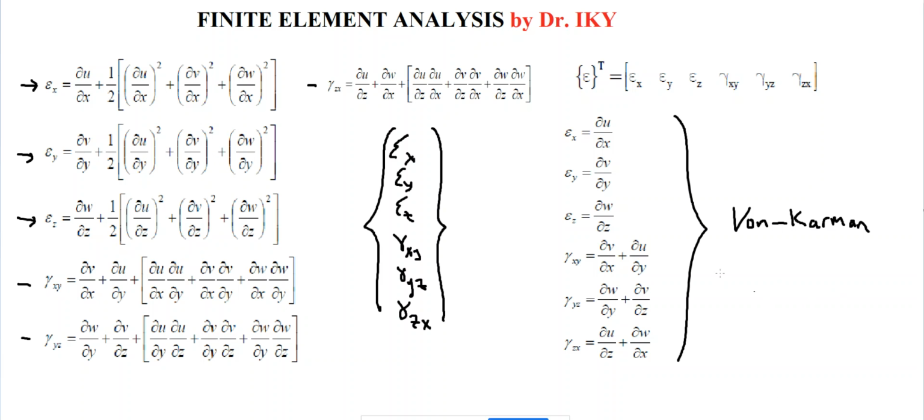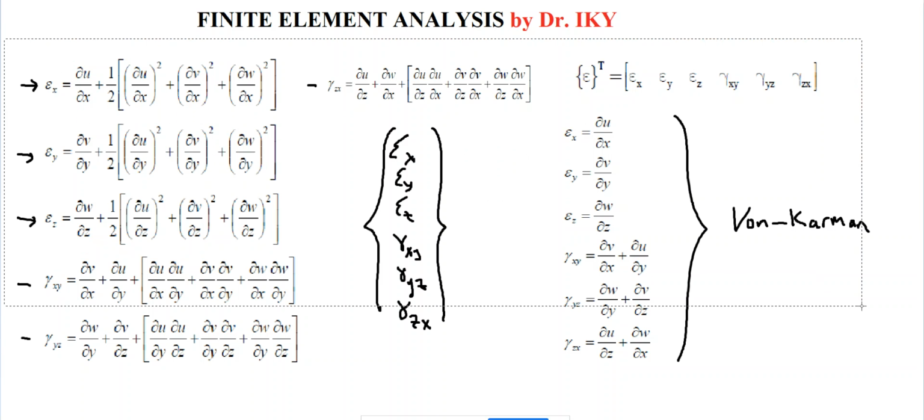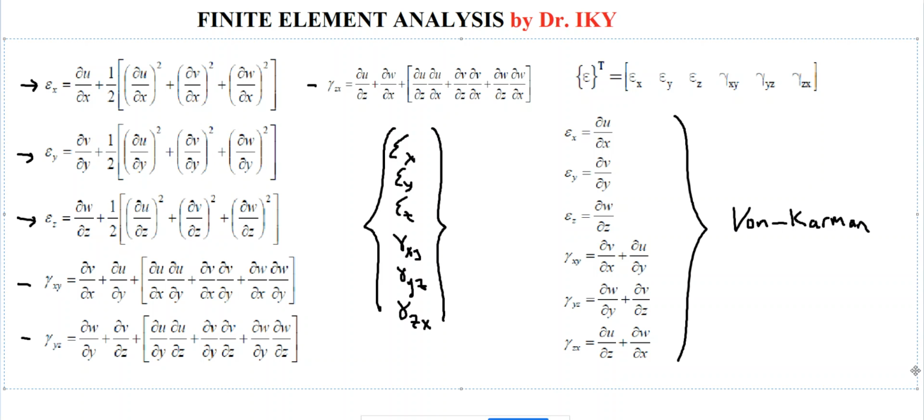After writing this, I'm going to try to create the tensorial system of the strain vectors. It means I'm going to write it in matrix form. So the matrix form can be written like this.